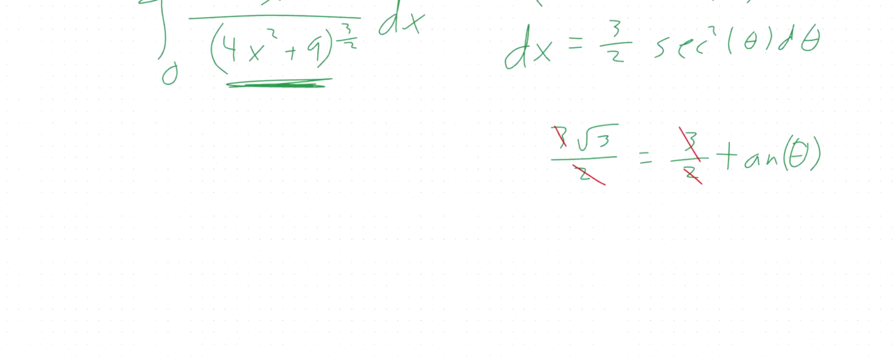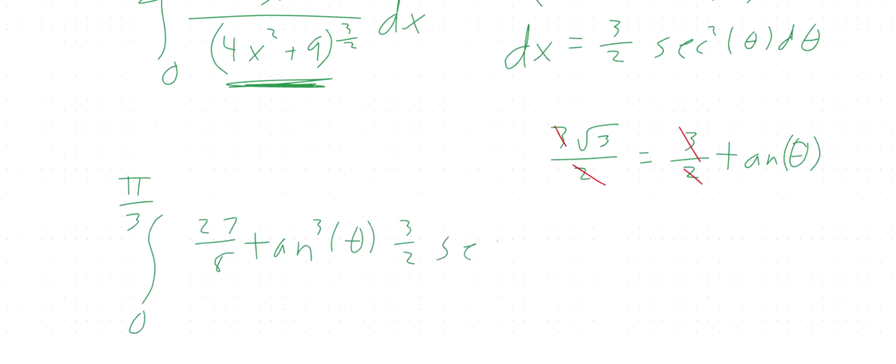So 0 to pi over 3, 27 over 8, tangent cubed. Then times 3/2 secant squared d theta. And now for our bottom.